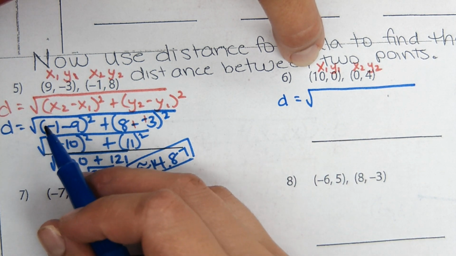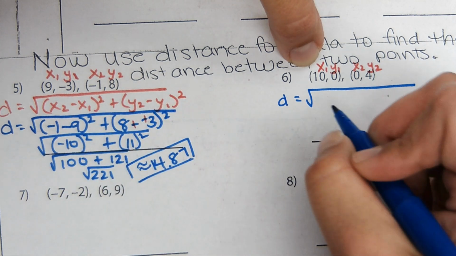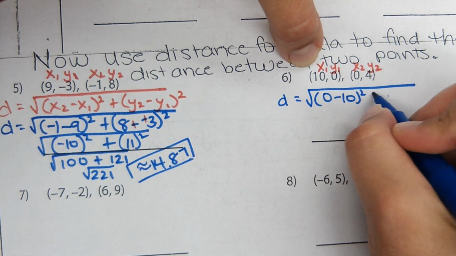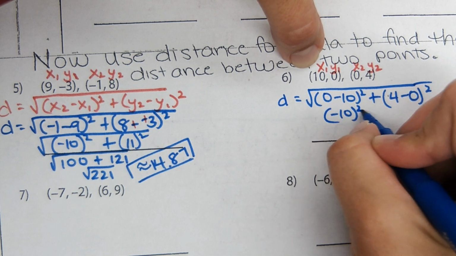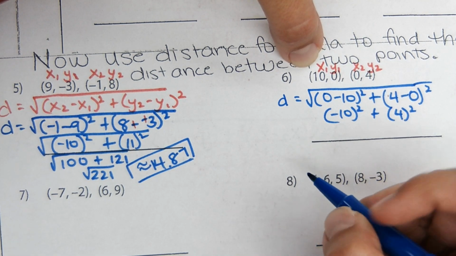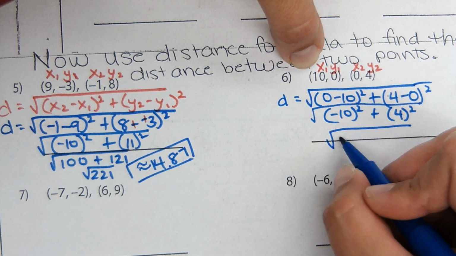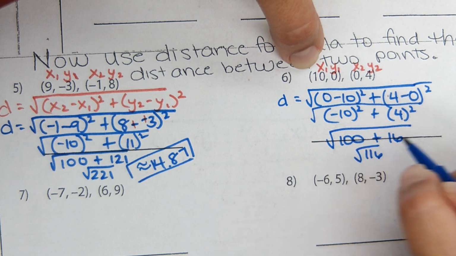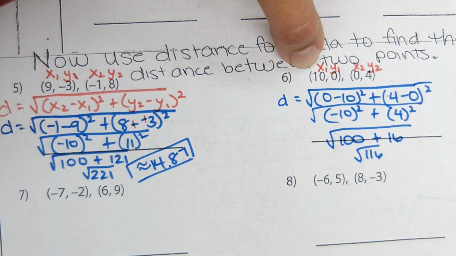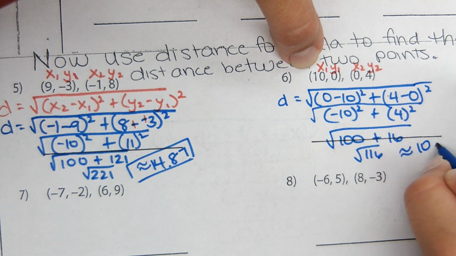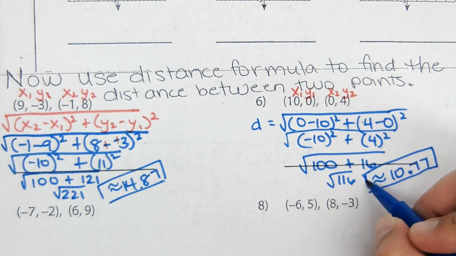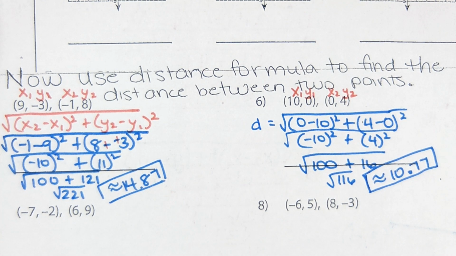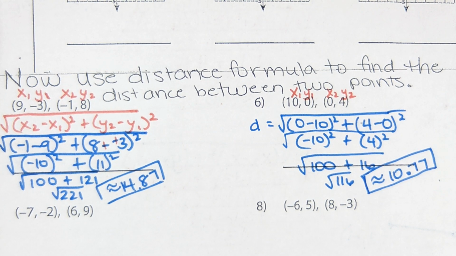For this one, I'm not going to rewrite this equation again, I'm just going to use it as so x2 minus x1, 0 minus 10 squared plus y2 minus y1, like that. Okay, that's all.